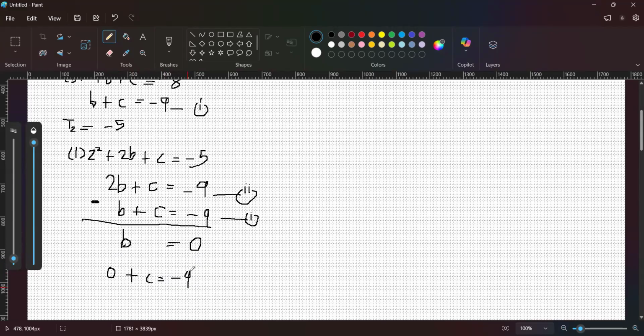Therefore C will be equal to what? C will be equal to minus 9. It's still the same thing, isn't it?